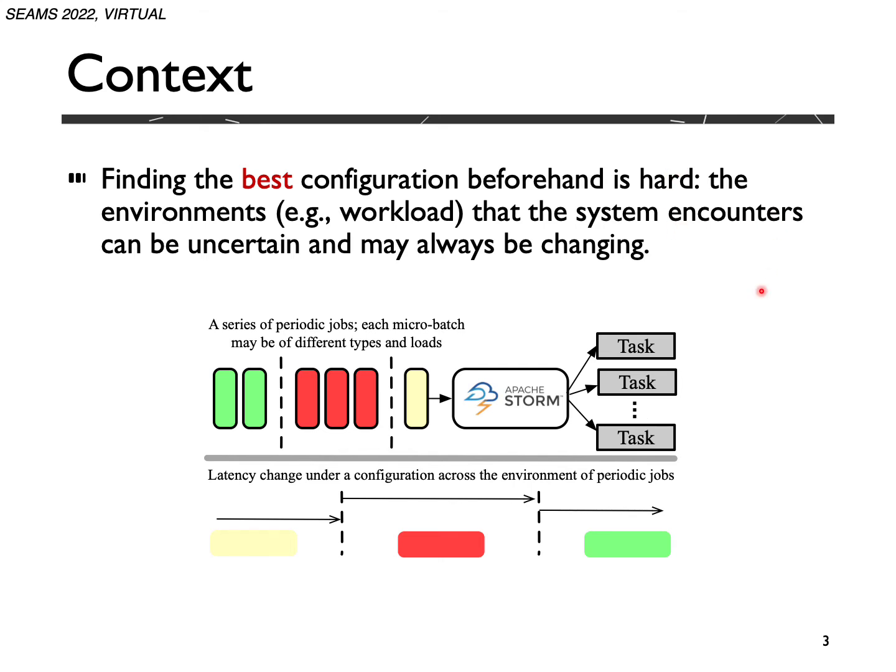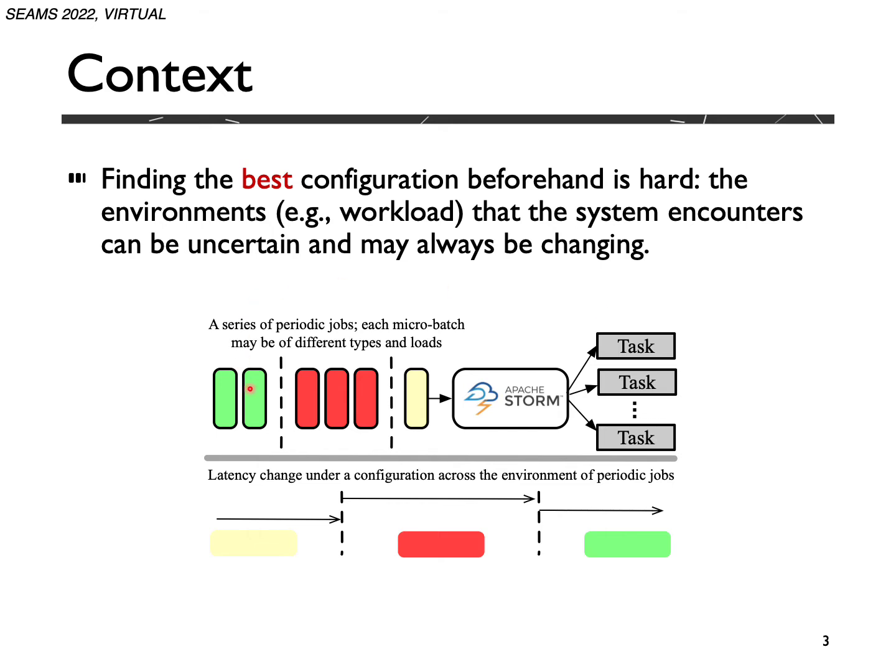The challenge is that finding the best configuration before deployment is really hard, because the environment, for example the workload that the system encounters, can be uncertain and may always be changing. This is an example of the system Apache Storm.